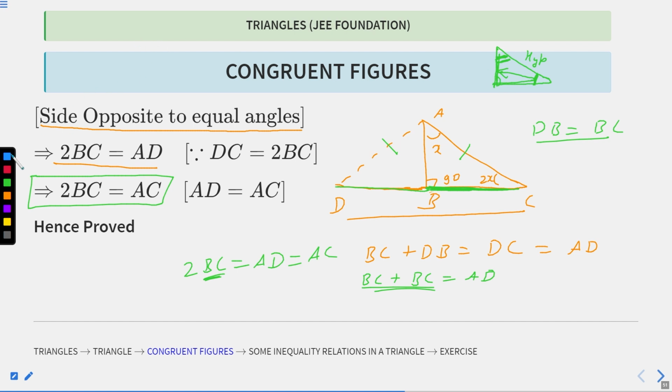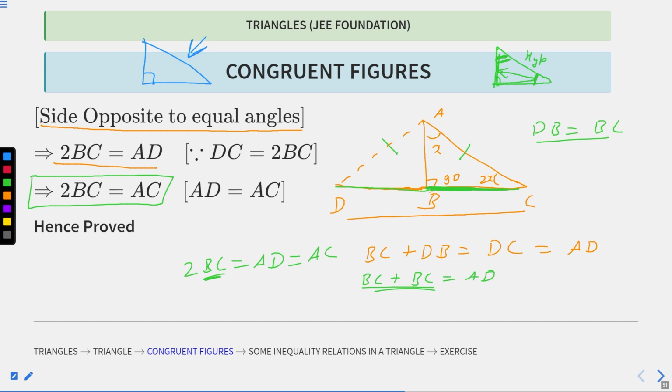For example, if you draw a triangle with a 90-degree angle, then this is my longest side.